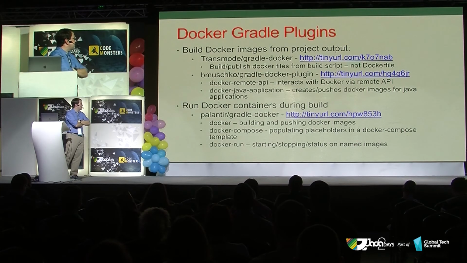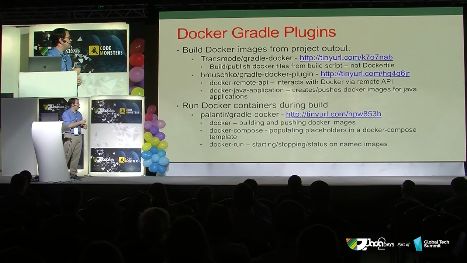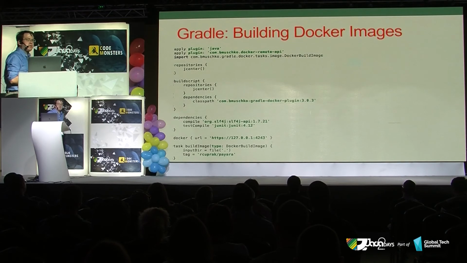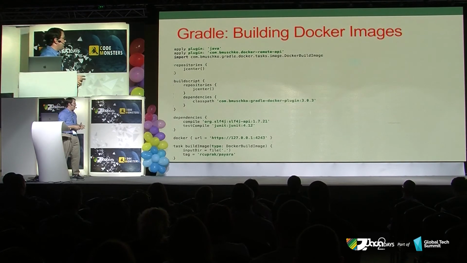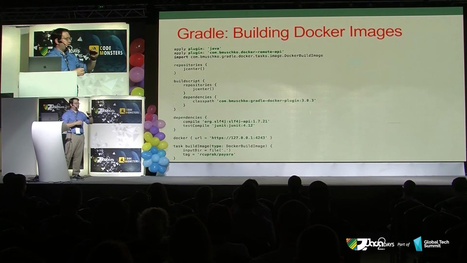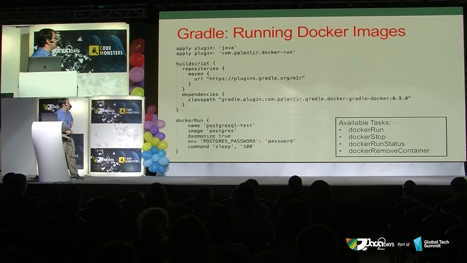For actually running Docker containers, you've got the Planeteer Gradle plugin, which allows you to fire up images, which we'll see in the slide after this one. This slide right here, I'm actually building up a Docker image. So I'm taking my application, creating a Docker image, starting out with the Jetty image, and then adding my application to it. So this is creating basically Docker images.